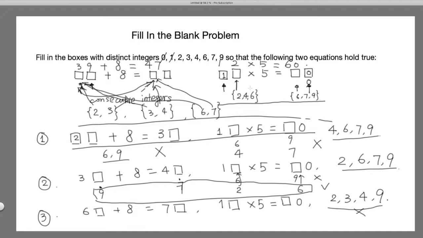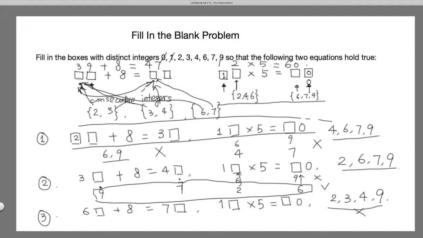The second key observation is a bit more implicit. You observe that a 2-digit number adds an 8. Now, most of the time, adding an 8 is going to increase the tens digit by 1, unless this digit is 0 or 1 here, right? But 0 and 1 are already used.